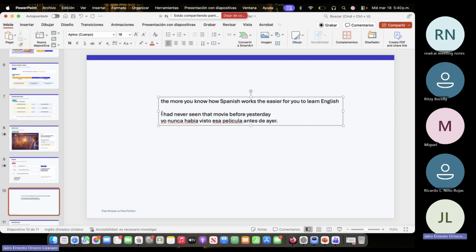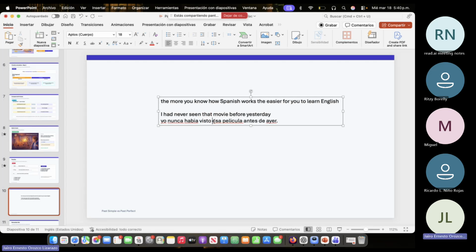Entonces, we have the subject I, the subject in Spanish, yo. We have the auxiliar had, in Spanish, había. We have the word never, in Spanish, nunca. We have the word in past participle, seen. Tenemos el verbo en pasado participio, también se llama así, visto.